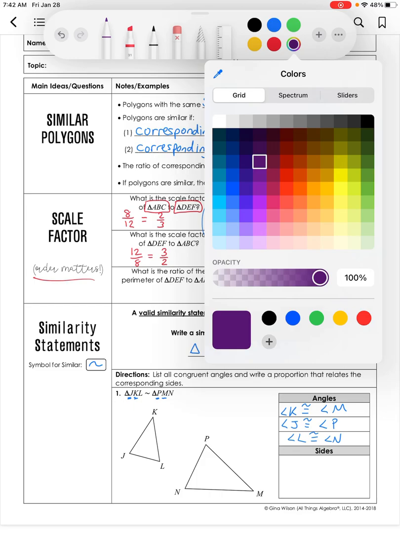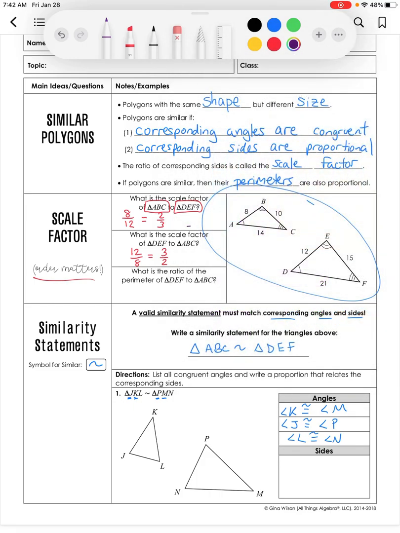Now to do the sides, let's say side JK, that would match up to PM. Notice how I'm going in order there. So it matches up to PM. And when I write that, I'm going to say that scale factor is the same when I divide them.